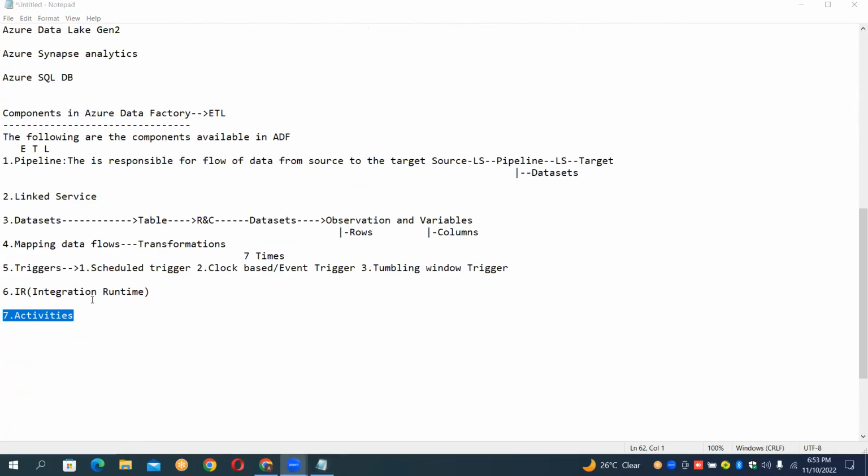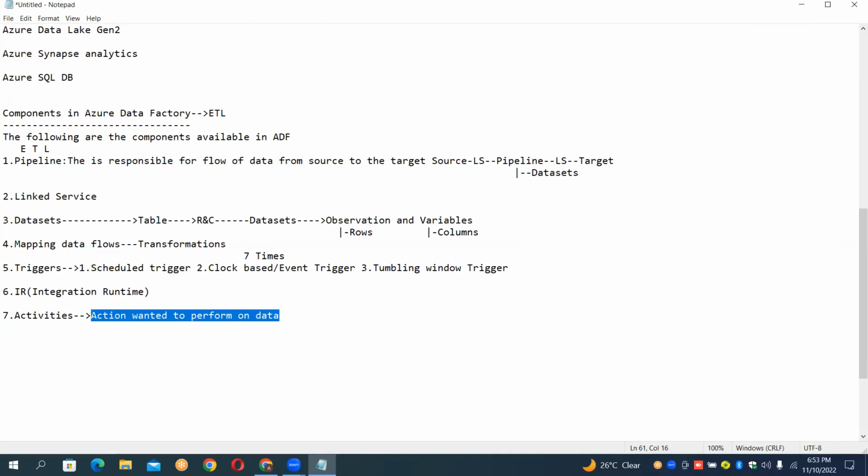Activities are nothing but actions you want to perform on data. Activities are those which are used to perform the action on the data.